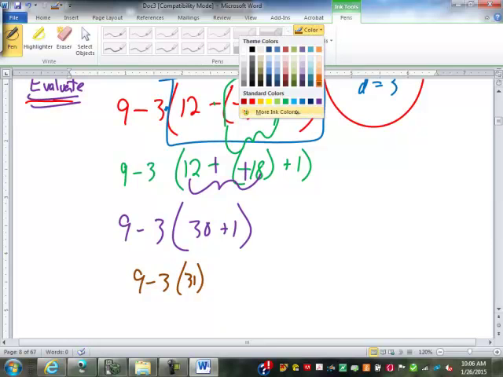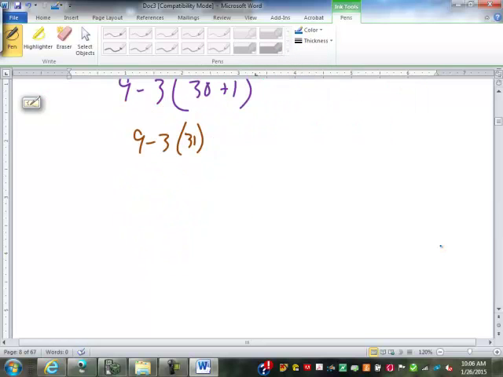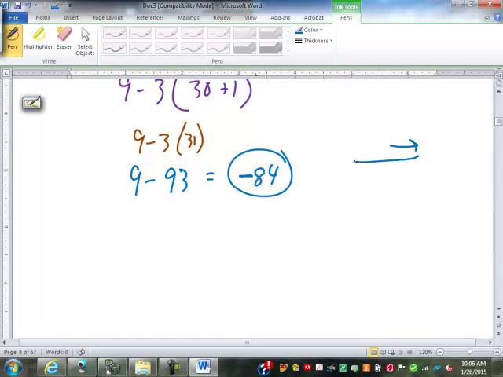Now what? 3 times 31 is 93. So it's 9 minus 93, negative 84. Positive 9, negative 93, we get a negative 84.